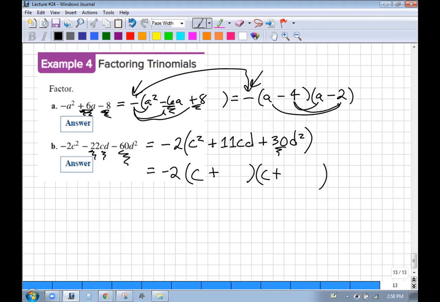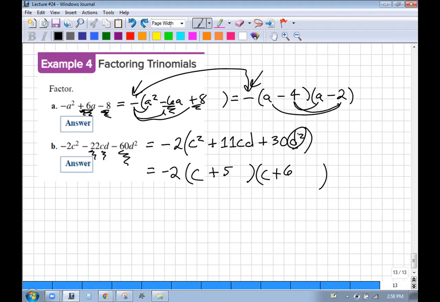All right, we need two numbers that multiply to give us 30, but add to give us 11. Let's see. Not 10 and 3. 5 and 6, right? So put a 5 and a 6. They multiply to give me 30, and they add to give me 11.